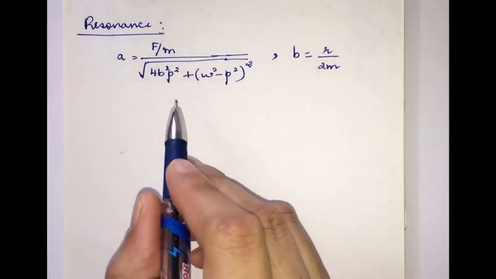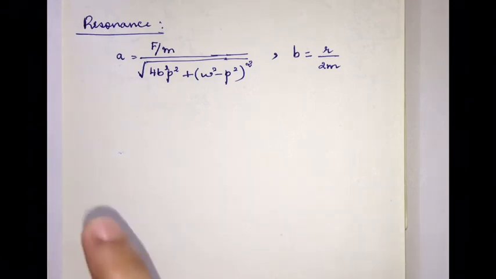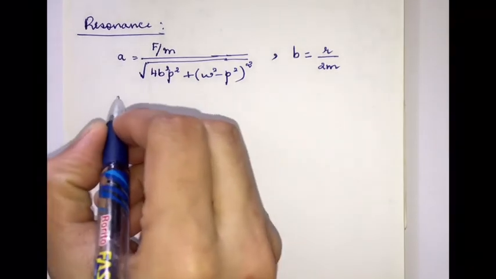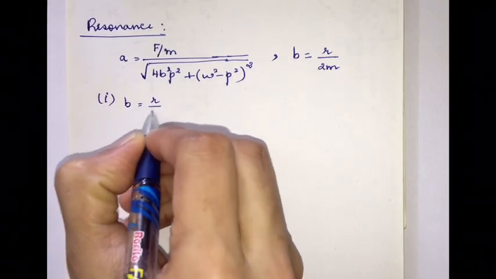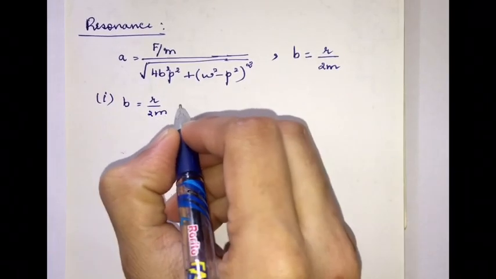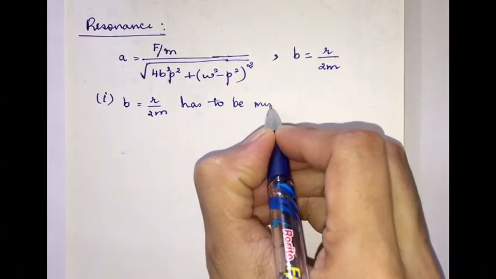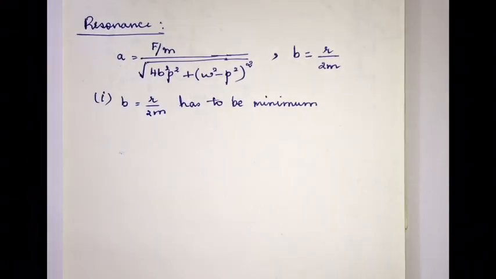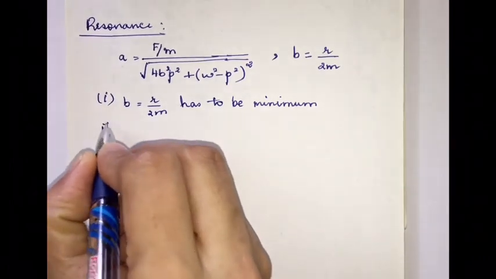In order for the denominator to become minimum, there are two conditions which have to be possible. One condition is that b, that is equal to r by 2m, has to be minimum, or the second condition is that p has to become equal to omega.